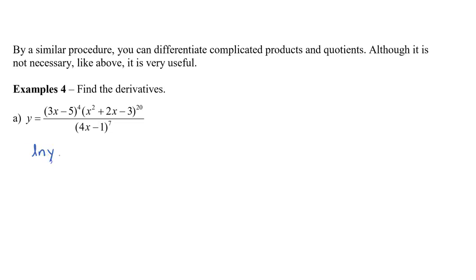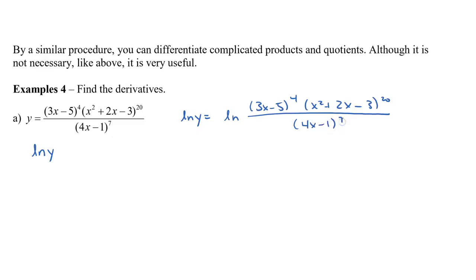So we take the natural log of y. Actually, I'm going to start this over here. So the natural log of y is equal to the natural log of all of this. All right, so now that I have this, what I'm going to do is use my product and quotient rule for logs to separate all of this into separate logs, okay?